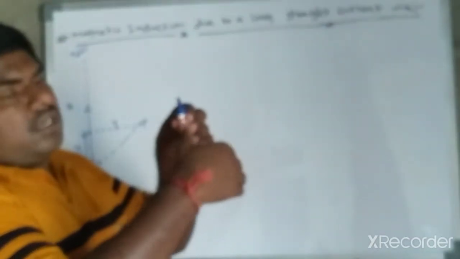Whether the magnetic field is inward or outward, you may use the right-hand thumb rule. Let us consider the current moving in the upward direction. You put the thumb like this, and the curl of your fingers tells the magnetic field direction. First put the thumb like this, and after that close your fingers like this.